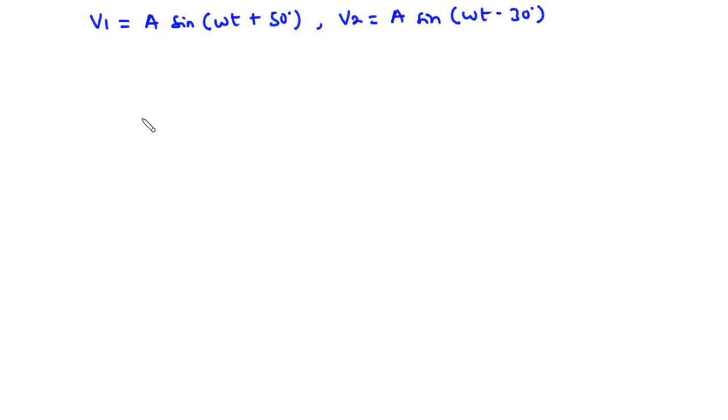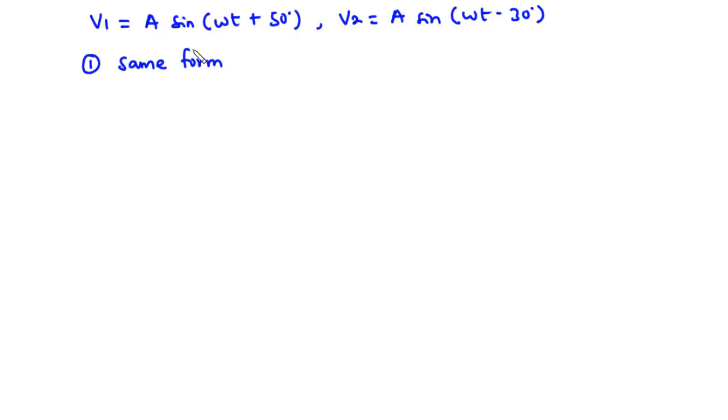Now to identify which of them is leading and which of them is lagging, there are basically three things that we need to do. First of all, we need to make sure that the two signals are of the same form. So the two signals, that is V1 and V2, need to be of the same form. So if V1 is a sine wave, then V2 must also be a sine wave.